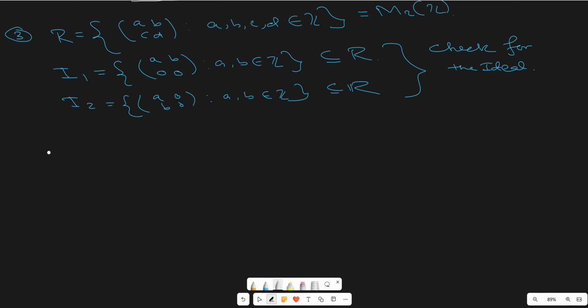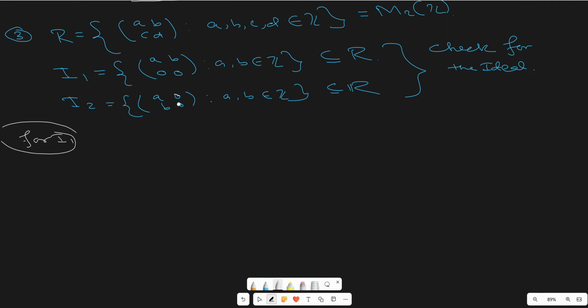So for I1, I'm checking for I1, and you just check for I2, and a similar process will work there.